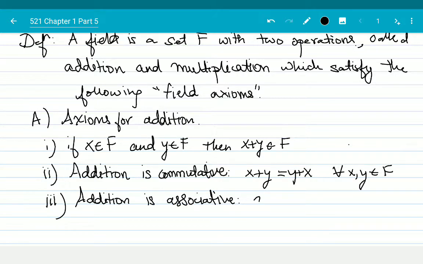What does that mean? (a plus b) plus c should be equal to a plus (b plus c) for every a, b, c in F.